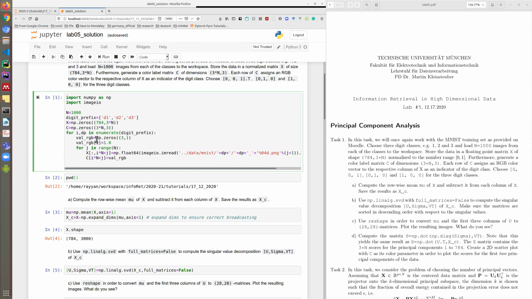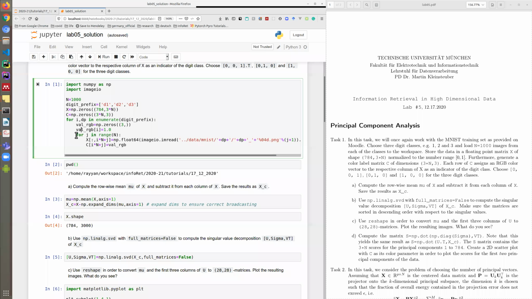Then we do one hot encoding: we define a zero vector of size 3 and make the respective index i equal to 1. Then for every class we loop through 1000 times and load 1000 images into our X.